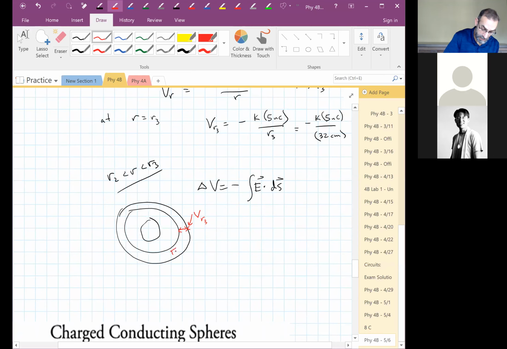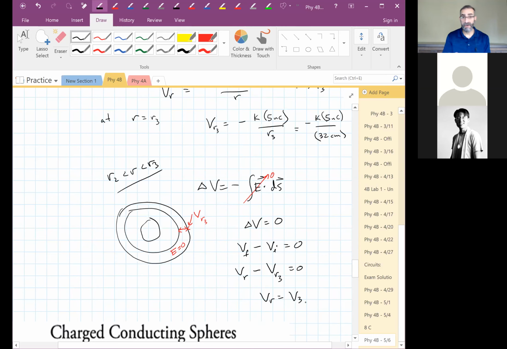And in here, E is 0. So that means that delta V is 0. So V final minus V initial is 0. And what is V initial? It's V at R3. So V at any R is just equal to what it was at the surface in that whole region.